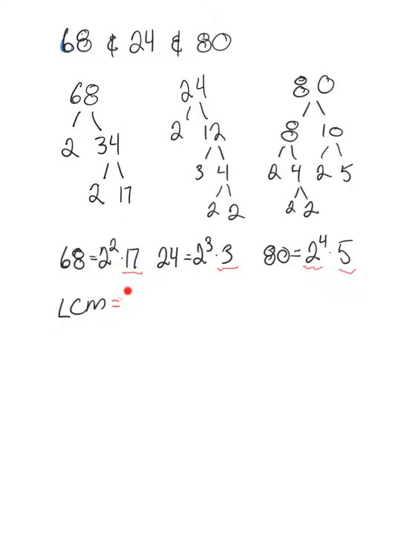So it equals 2 to the 4 times 3 times 5 times 17. And the GCF would equal the common powers, which in this case is only 2 squared, which equals 4, and the LCM would equal 4,080.